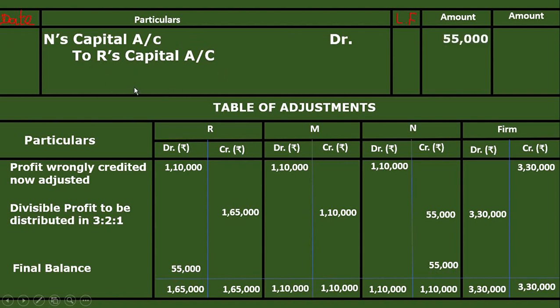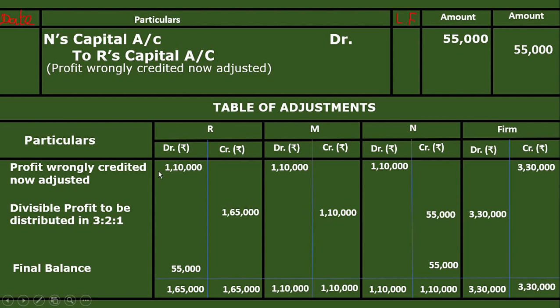Here we have the amount 55,000 and 55,000, and then we have to write the narration. You had not written, that was my mistake. I had also not written there. Therefore, you just follow me. Here: profit wrongly credited, now adjusted. So this is what we have done.